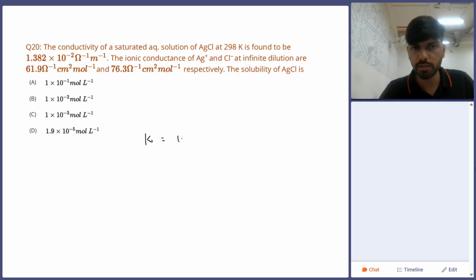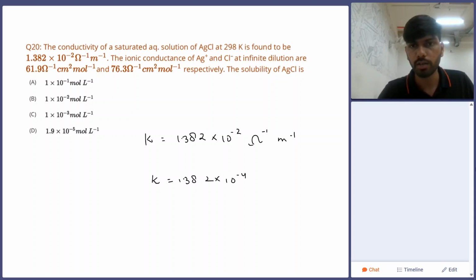Conductivity kappa is equal to 1.382 into 10 to the power minus 2 ohm inverse meter inverse. If we convert to centimeter inverse, kappa is equal to 1.382 into 10 to the power minus 4 ohm inverse centimeter inverse.